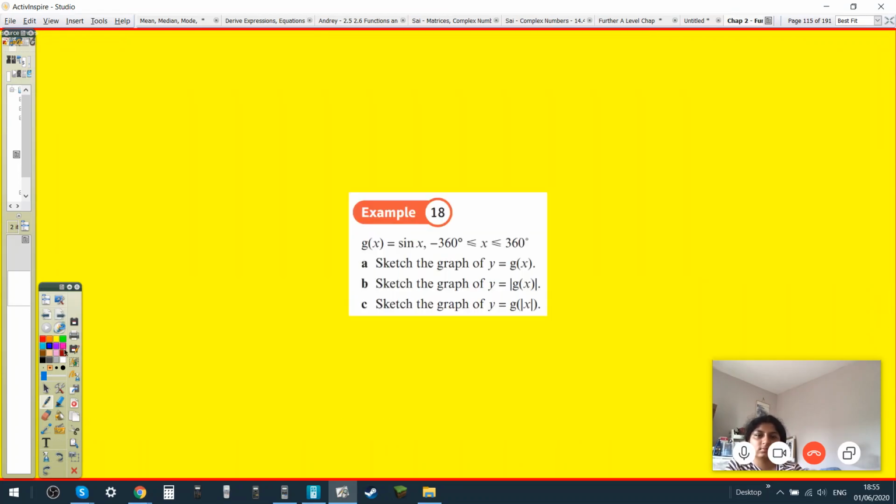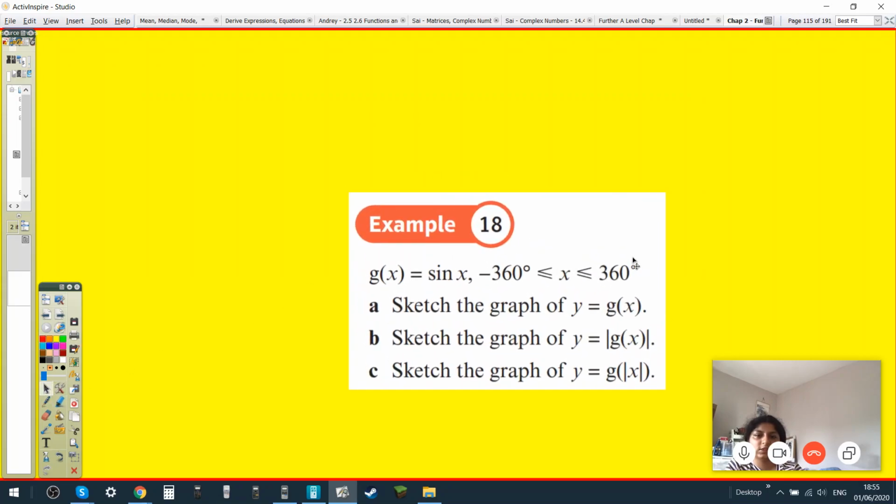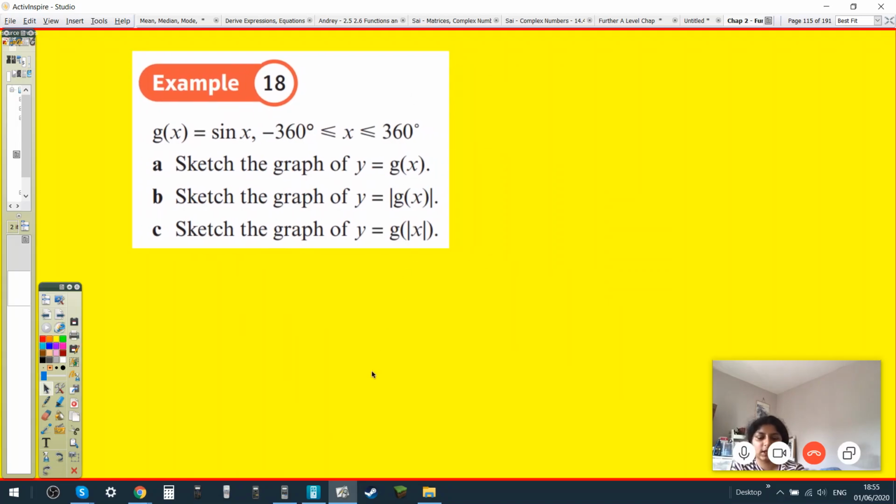Let's see. How would you do this? So the first one is just a normal sine graph. Then the second one is the whole thing in mod. So it's just sine x in modulus, which I can't see for some reason.